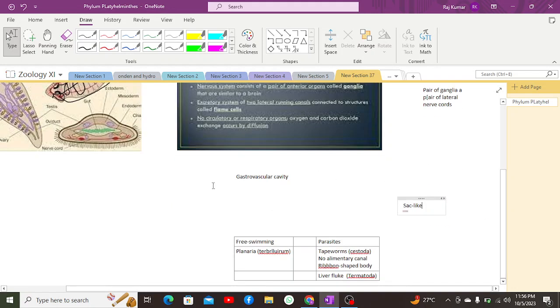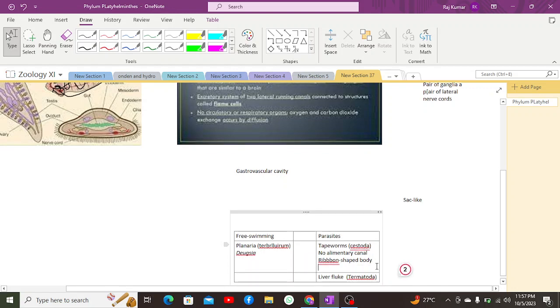And apart from this, examples include planaria, whose scientific name is Dugesia. Tapeworm has a scientific name of Taenia saginata.